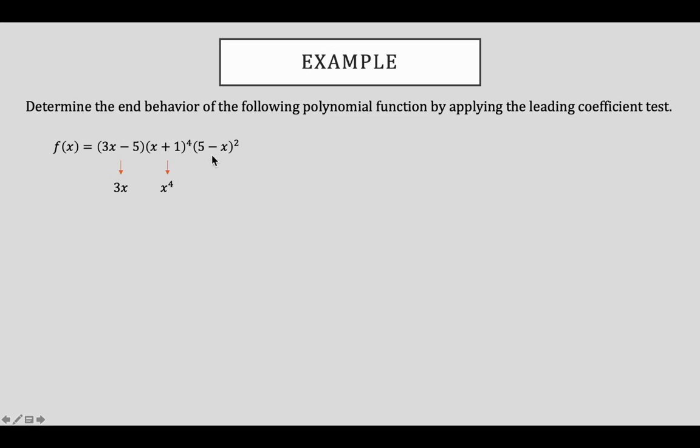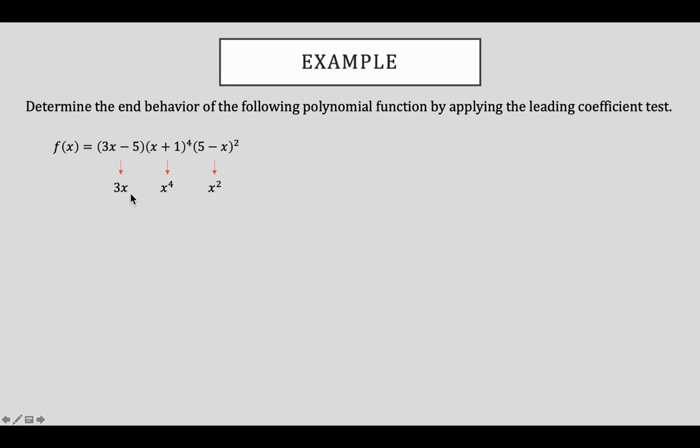And here we have 5 minus x quantity squared. Well, if we were to multiply that out, notice we'd end up with a negative x times a negative x, and that would leave us with a positive x squared for our highest power of x. And once we multiplied those, we would then have to multiply all of these powers together as well.